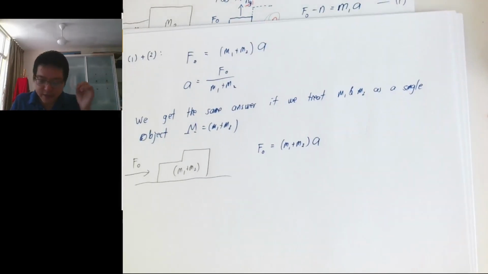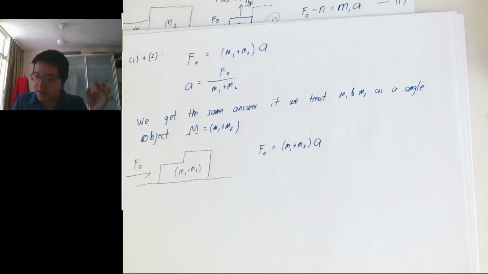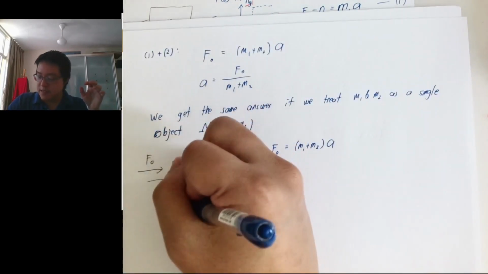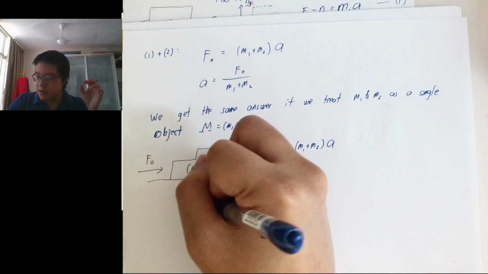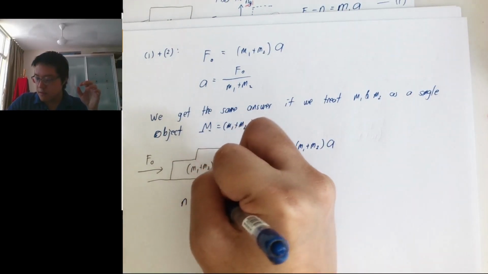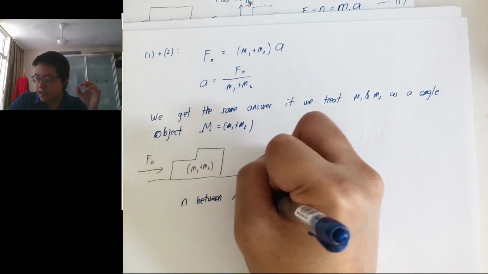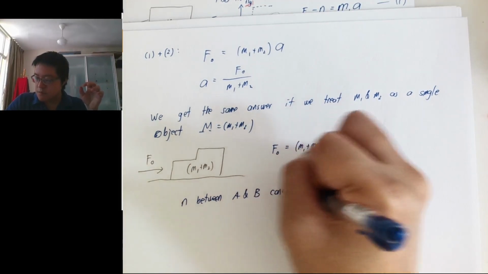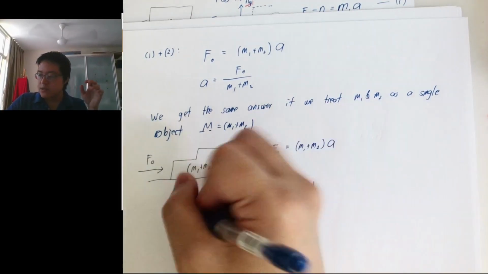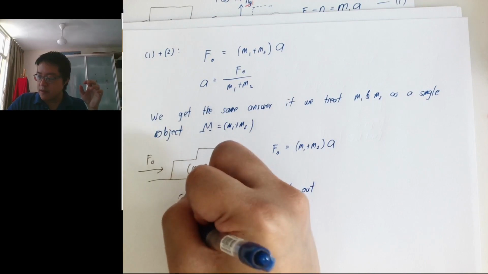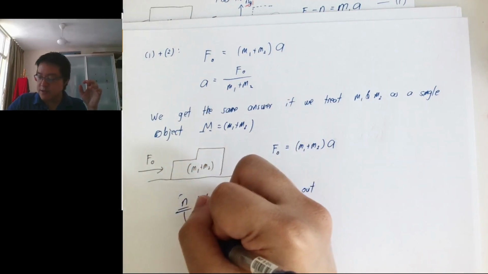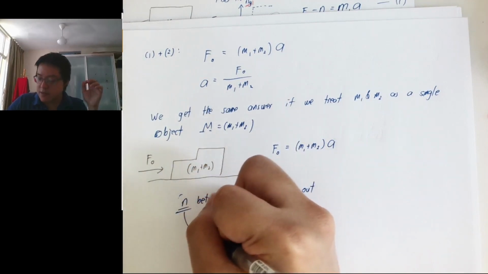Another way of saying this is that the N between A and B cancel out. The reason they cancel out is that these are internal forces.